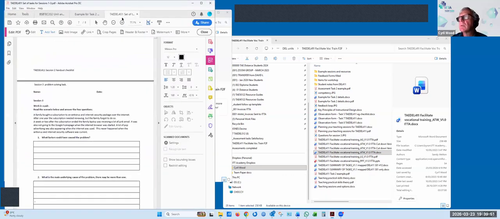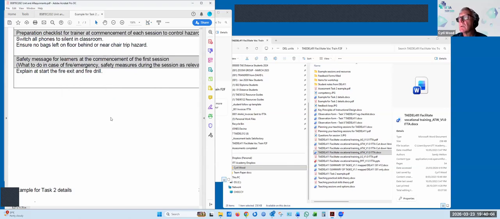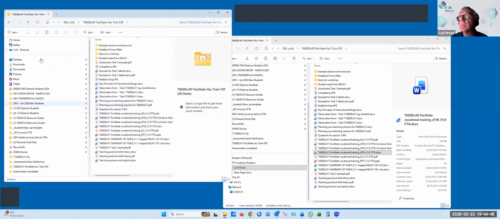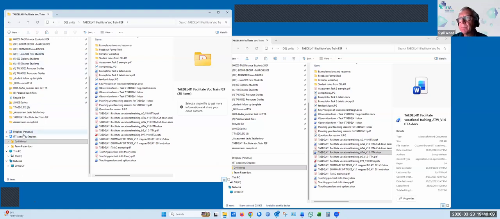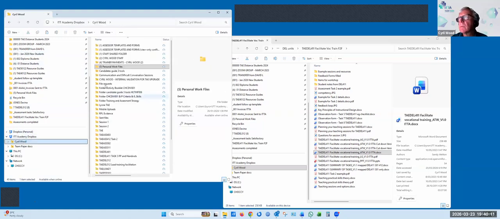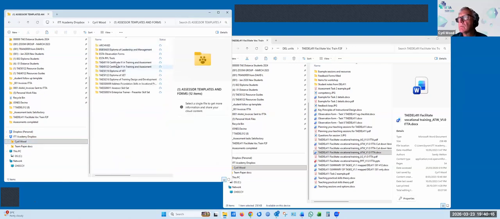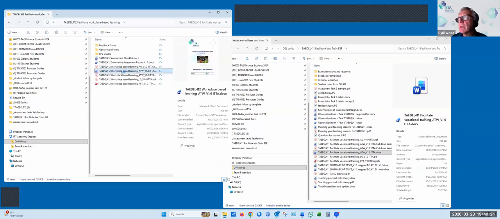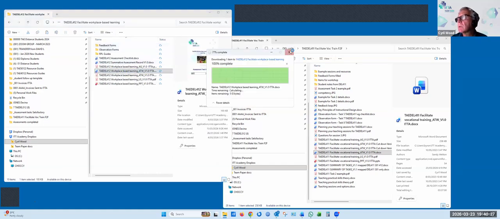This is what we've got. Just bear 1 second. Just want to make sure I use the most current version of the task. Oops, not that one.